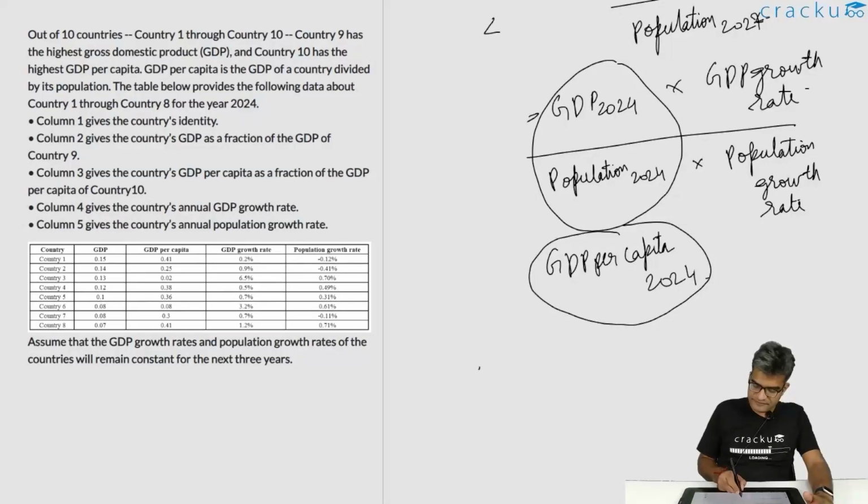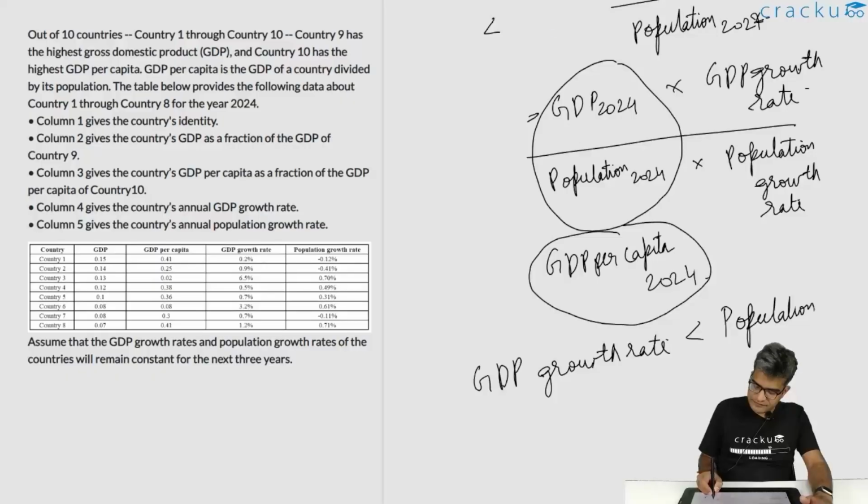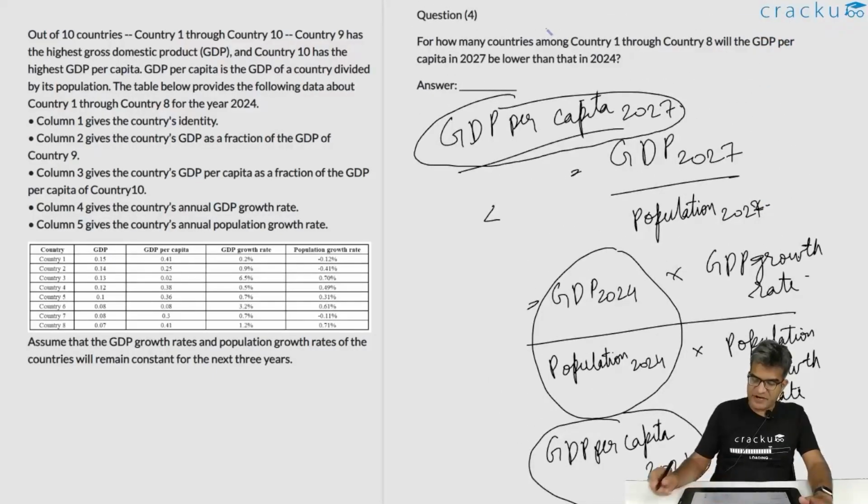the GDP growth rate has to be less than population growth rate. Because this is the GDP per capita of 2027.